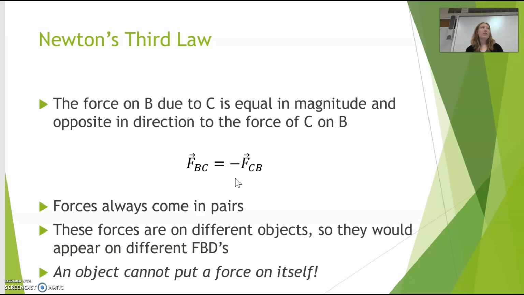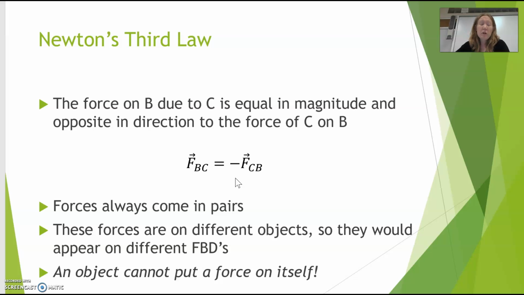So if B is pushing with a force of 10 newtons to the right, then C is pushing with a force of 10 newtons to the left.